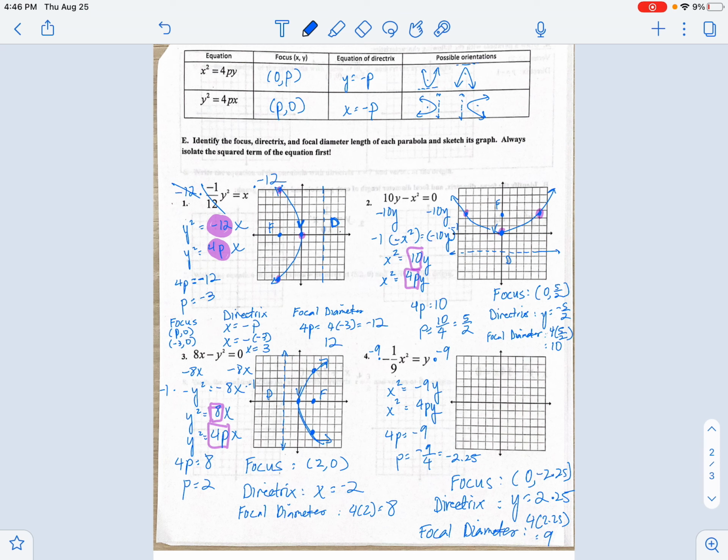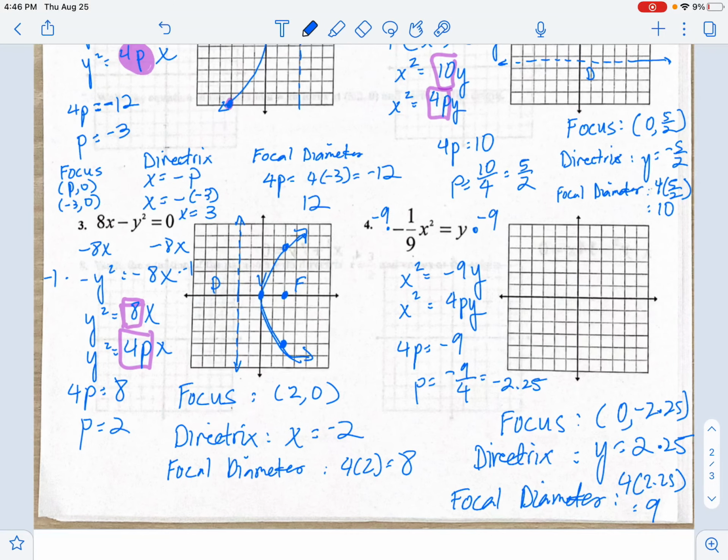Okay, focus 0, negative 2.25. So that would be 2 spaces and a quarter down. That's your F. Directrix y equals 2.25, so up here. With your vertex being between these 2 components.